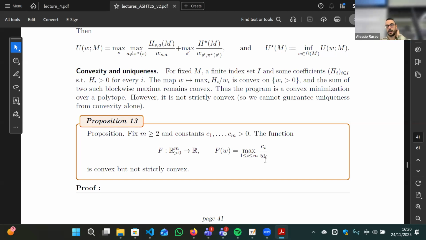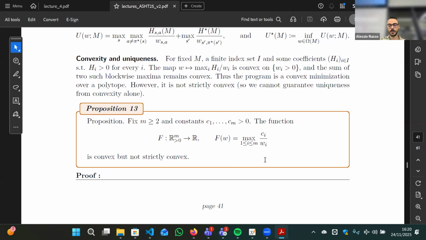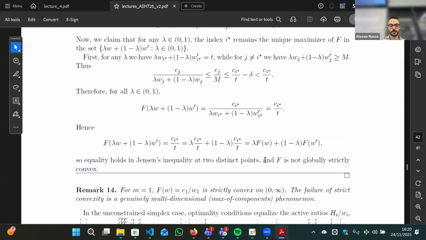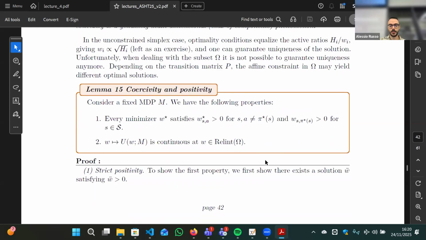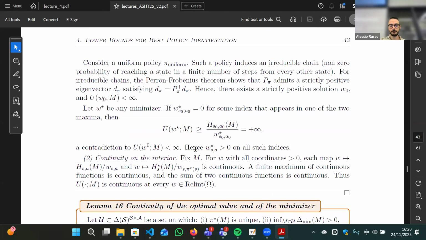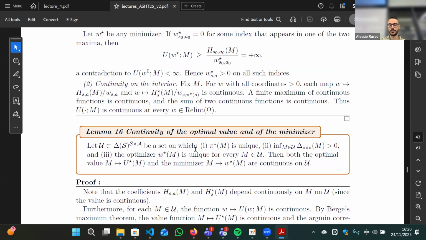So in reality, we might have multiple optimal solutions, but for simplicity, we are just going to deal with a single solution case. And we can also show that there are some continuity properties for this relaxation, and this will come in useful later when you want to prove the sample complexity upper bound.